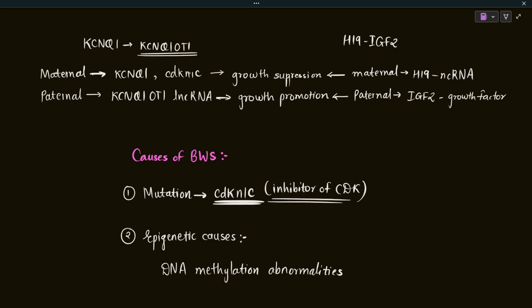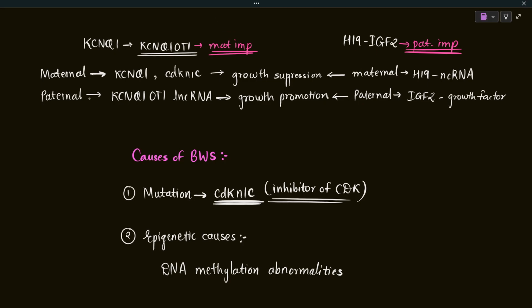This is an intronic region of the KCNQ1 gene, and this codes for the long non-coding RNA, and this is methylated in case of the maternal allele, and that is why we say that KCNQ1 is a maternally imprinted region, while the H19 IGF2 is a paternally imprinted region, which means the CTCF binding site as well as the H19 gene are methylated.